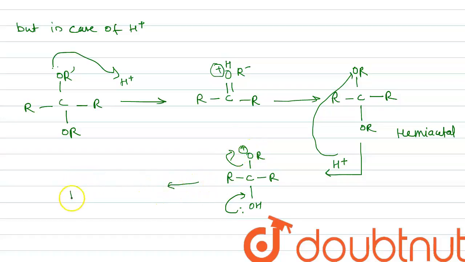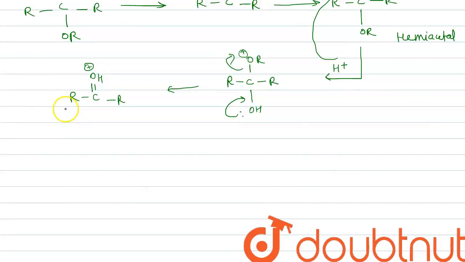What it forms is R, double bond OH plus. So this gives this carbonyl group.